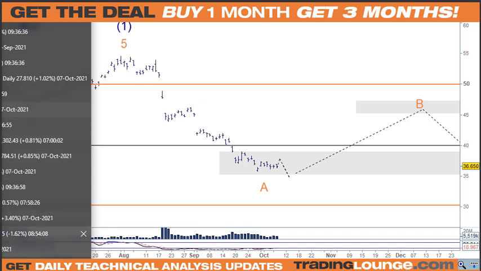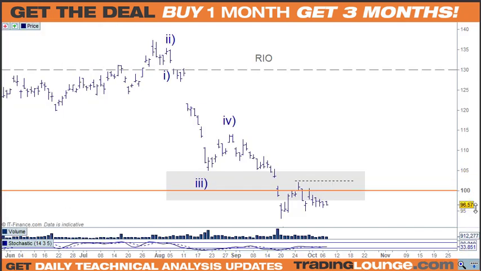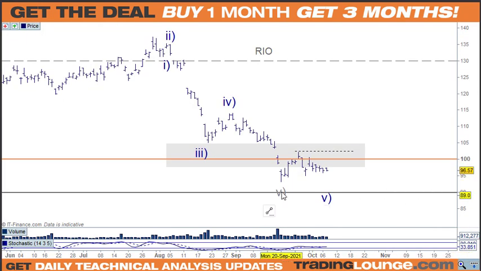Where's Rio? There it is. So still looking, well, as I mentioned before, it just appears that way because it looks like we've got 1 and 2 and 1 and 2 and 3 here. So this is like 1, 2, 3 back for 4. I still think we should be at 90 for this.